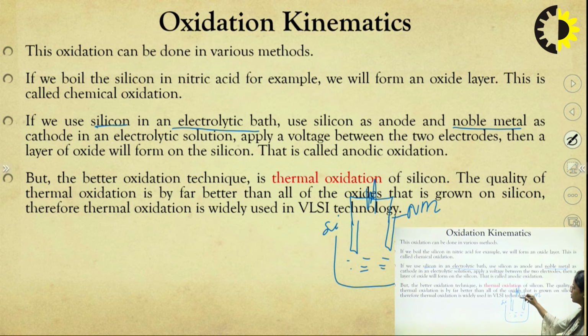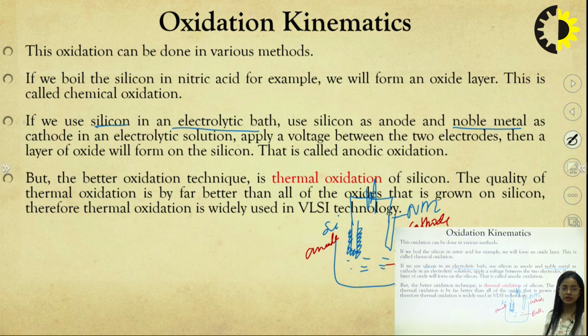We will apply some voltage here, and then there will be a layer of oxidation which will form on this silicon here, and that is called anodic oxidation. So silicon was acting as an anode here, and this one was acting as a cathode, and this is nothing but the bath, or the electrolytic solution.